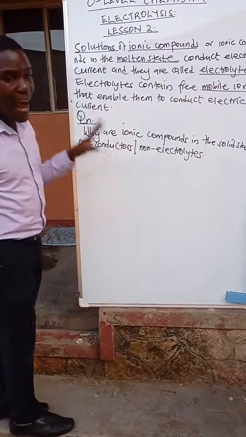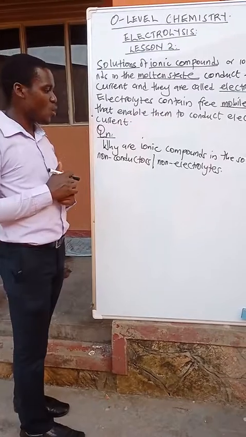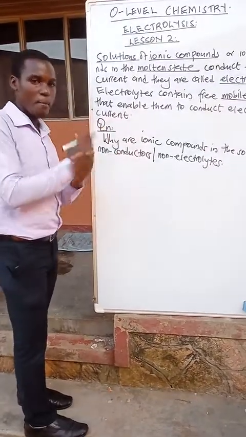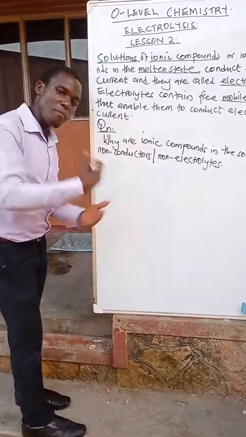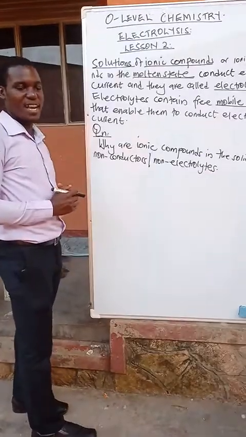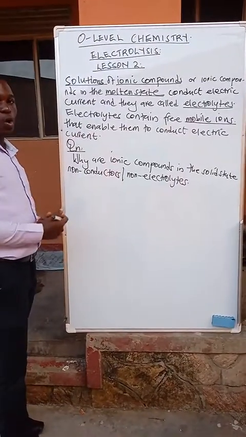Yes, now, to understand this very well, we need to first move back to what we called ionic bonding, because it is ionic bonding that brings about the ionic compounds. You understand? Yes, it is through ionic bonding that we get ionic compounds.